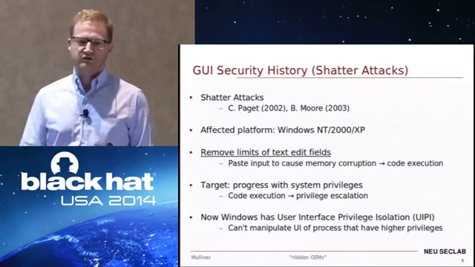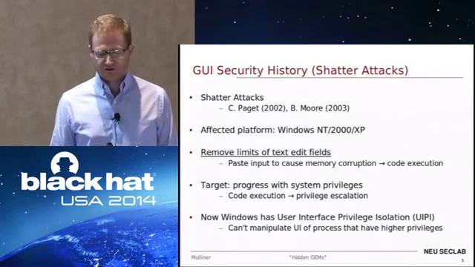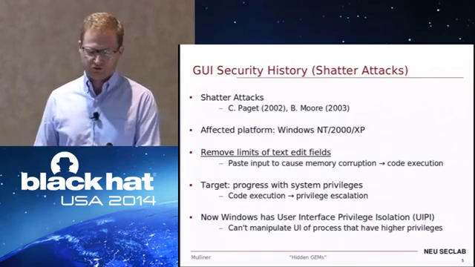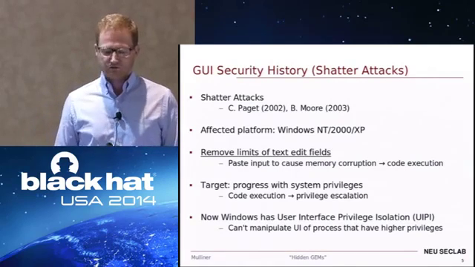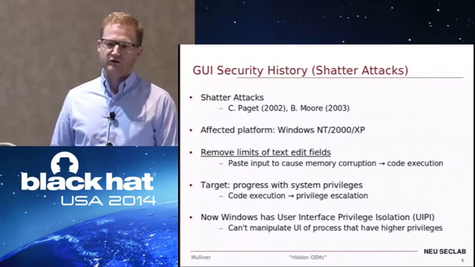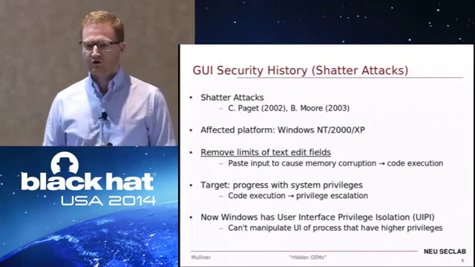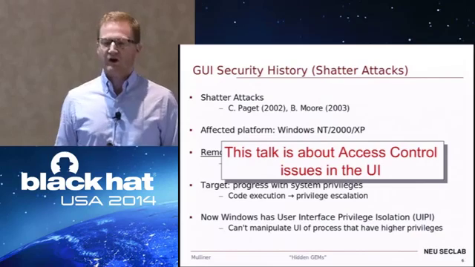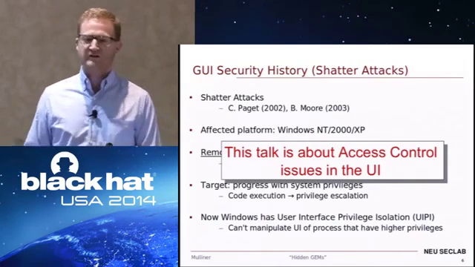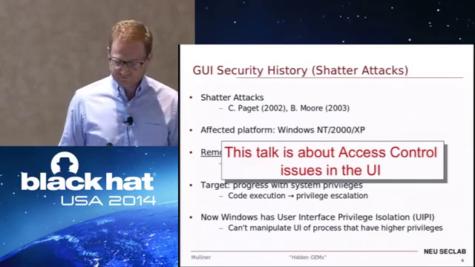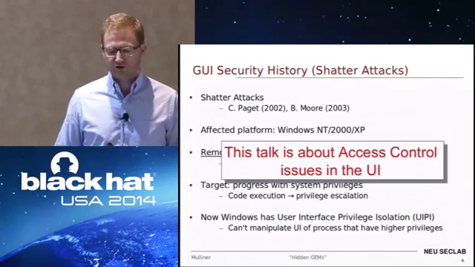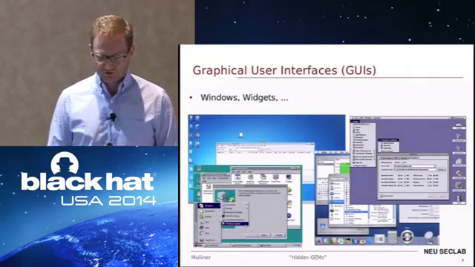The target here was really to attack OS components to get privilege escalation, when you go from a normal user to a system user. Microsoft fixed that. Now they have user interface privilege isolation, so basically you cannot manipulate UI elements of higher privilege processes anymore. But this talk does not have anything to do with that, besides that it's targeting the UI. This is more about access control, which is part of applications, enterprise applications.